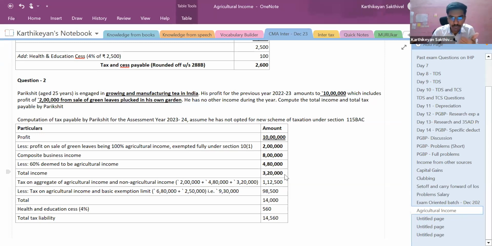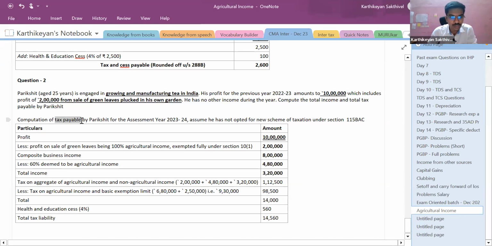Okay. Now, since I have to compute the tax payable and I have both agricultural income and non-agricultural income, I have to go for the partial integration method. So in the partial integration method, first what should I do? I should take the entire income, both agricultural and non-agricultural. So what is my non-agricultural income? 3,20,000.